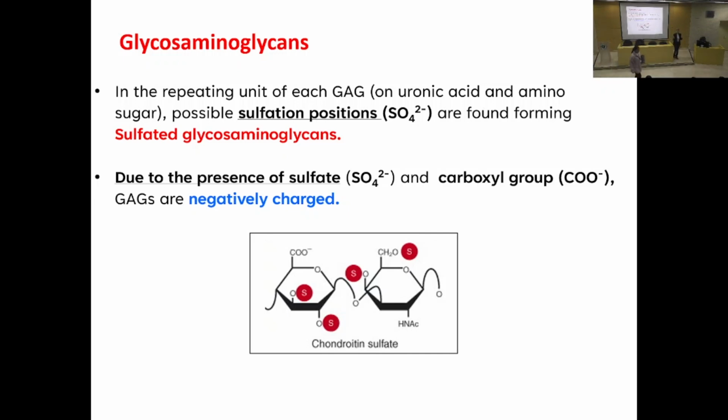Both of them are negatively charged, and this leads to a negative charge of the whole molecule. So for me, GAGs are negatively charged molecules, because of the presence of the COO minus and because of the presence of the sulfate group. The presence of these two negatively charged groups makes your molecule negatively charged. Clear? Okay.